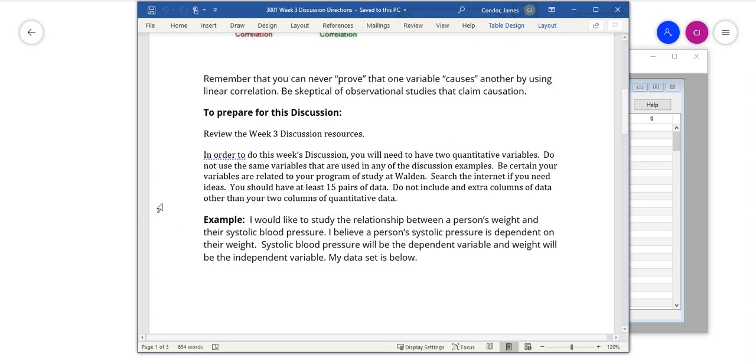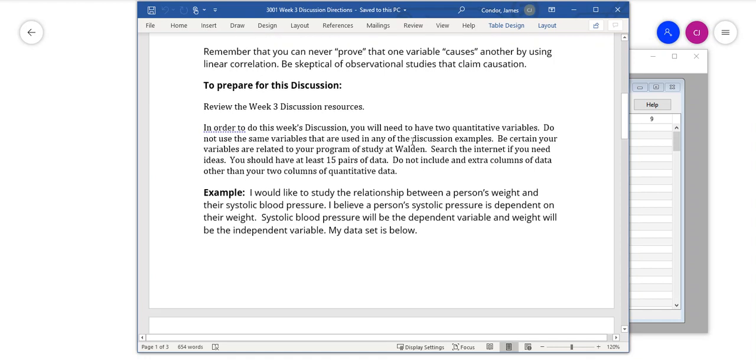You can search the internet and come up with variables very easily. If you can find data, great. If you have to put some numbers in there, make sure you have at least 15 pairs of data in your data set. And don't include any extra columns of data other than the ones that you're going to talk about. A lot of students have a tendency to throw a bunch of different stuff in there, and that just gets confusing.